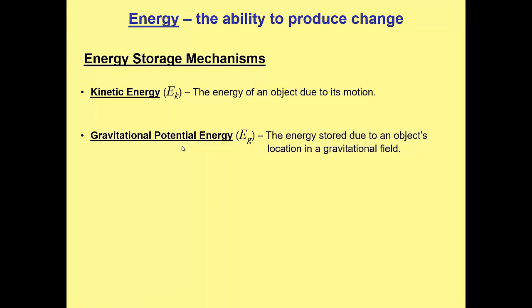Right? Under the right circumstances, we could take some of that $100 that's in savings and move it to checking. It's still $100, right? It's just stored differently. Same thing with our different storage mechanisms for energy. Okay, so this is gravitational potential energy, E sub little g, the little g, of course, for gravity.